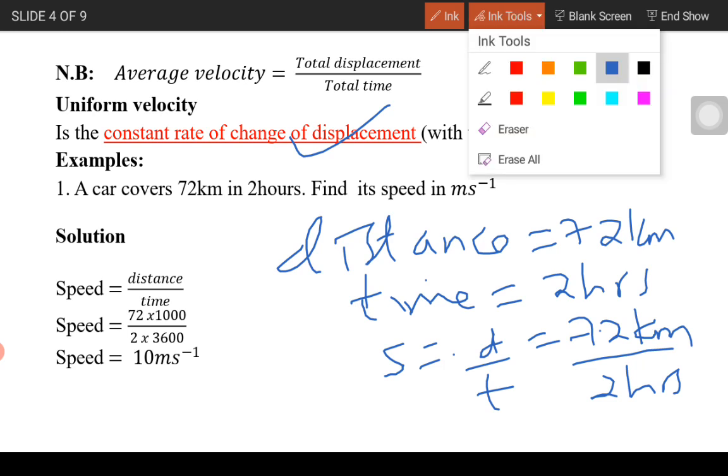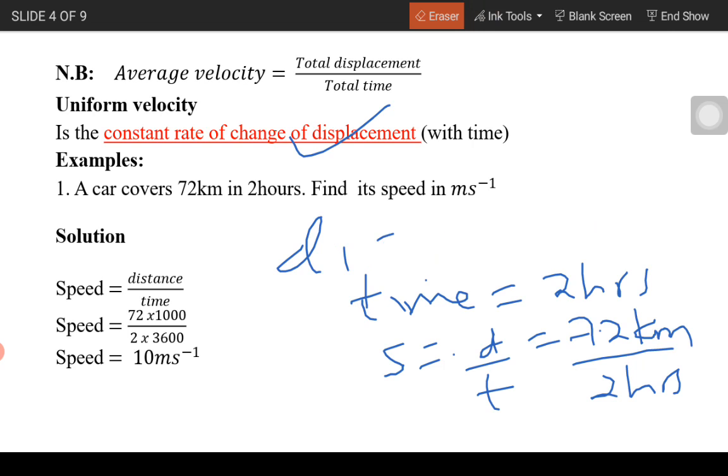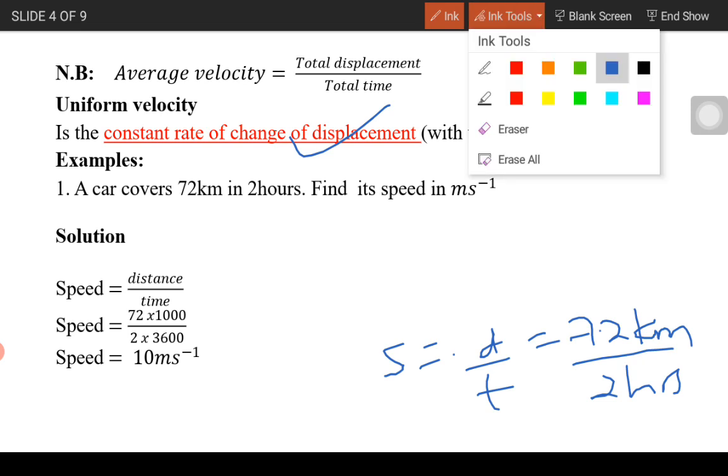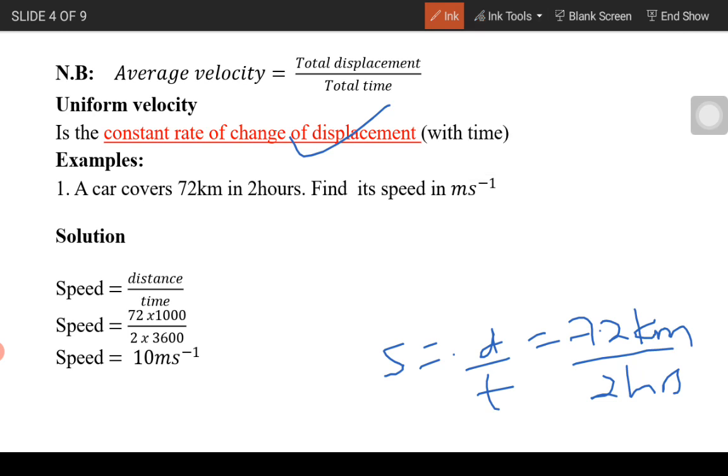So our speed is equal to 36 kilometers per hour.